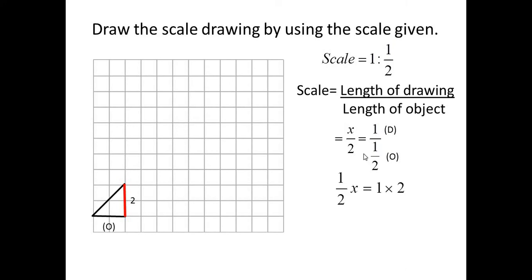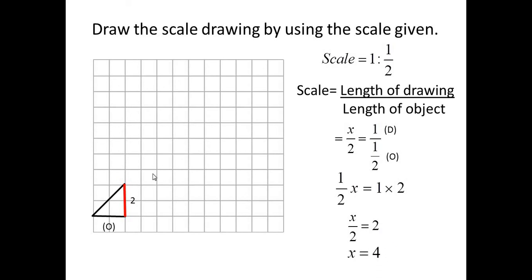So this half will go up, 2 goes this side, so we're going to have 1/2 x equals 1 multiplied by 2, or x over 2 equals 2. Therefore x equals 4.